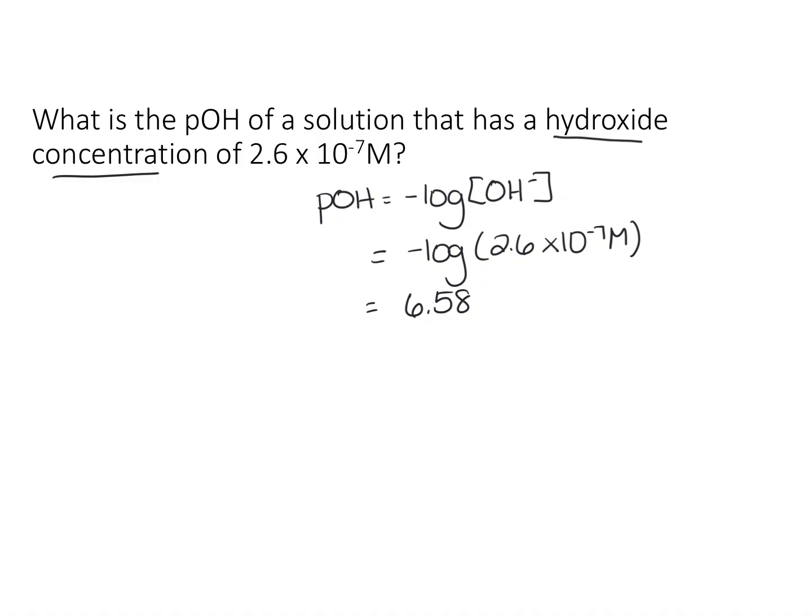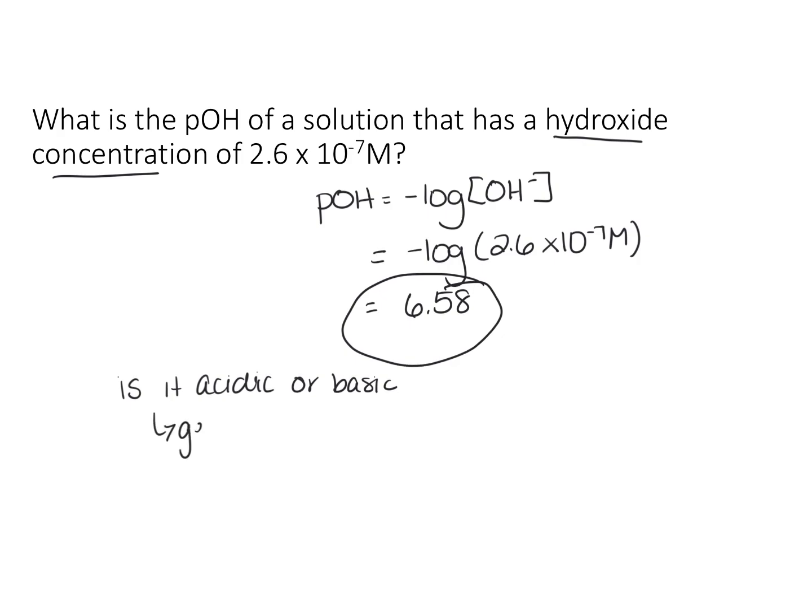When we look at that, we are not using pOH as a scale for whether something is acidic or basic. So this answers this question, right? If the question said, is it acidic or basic? I think the easiest way to answer that question is to get the pH.